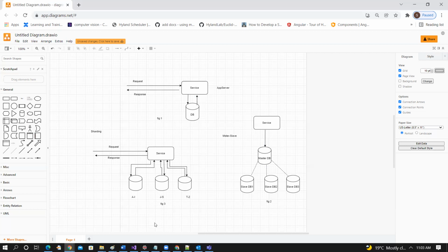Based on the starting character, it has been decided that A to I, these primary keys, or the data corresponding to that primary key, will go to database number 1, J to S will go to database number 2, and T to Z will go to database number 3. Suppose you have split it into these 3 categories.